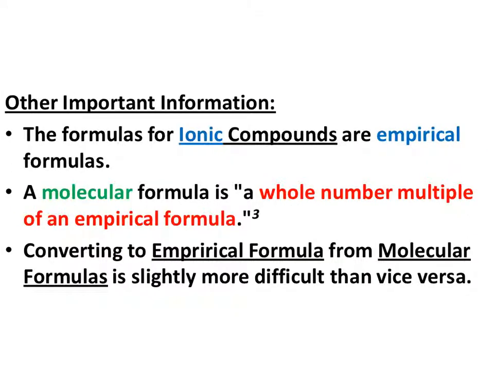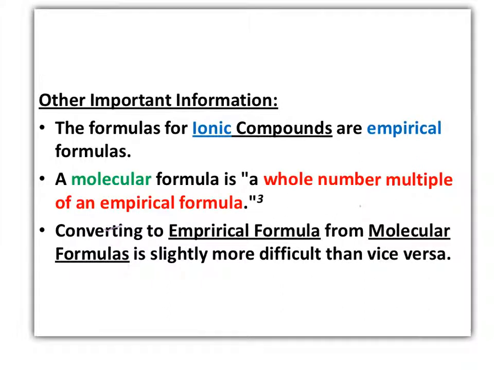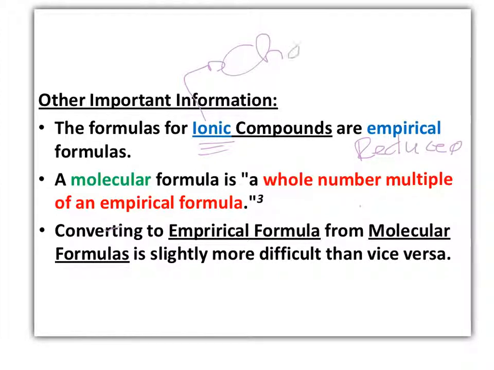All right? One other point of emphasis, the formulas for ionic compounds are empirical, and remember empirical means reduced, because ionic compounds have charges. So if you think about it, if we do zinc, which is 2+, and oxygen, which is 2-, have you ever written Zn2O2?